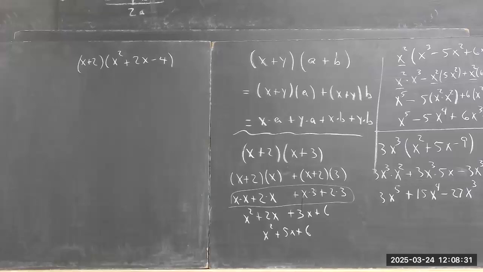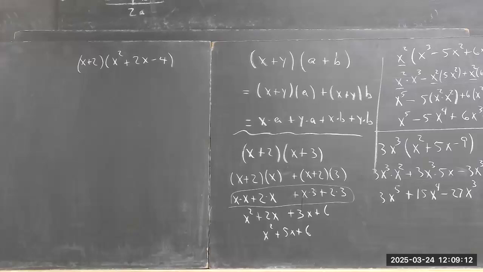You multiply x by x squared, you just get x cubed, right?